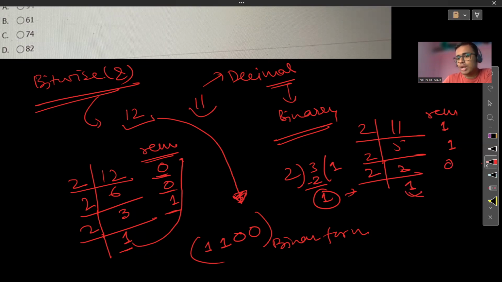Now we write from bottom to top: first 1, then 0, then 1, and 1. This is the binary form of 11. Understood? In this way, we get the binary form of these two numbers.